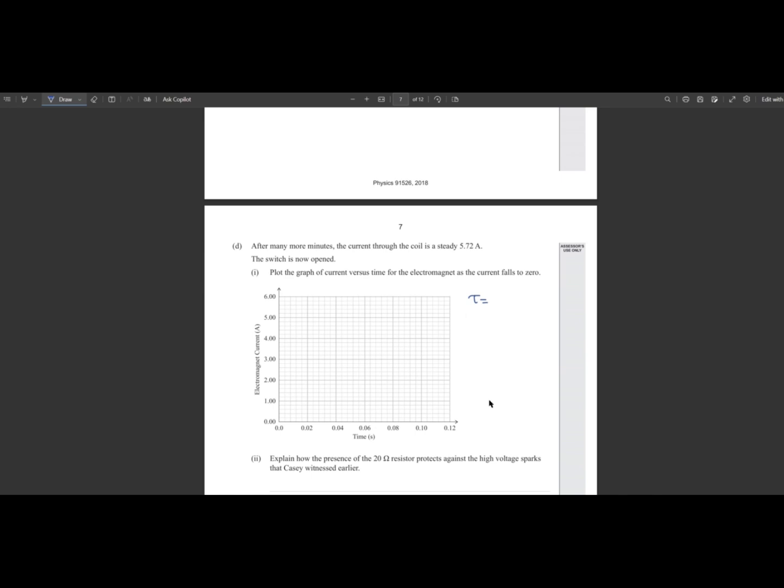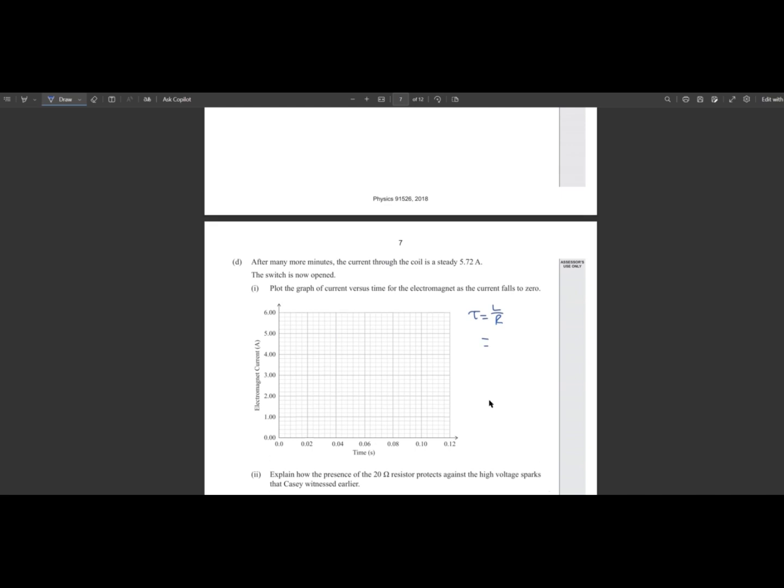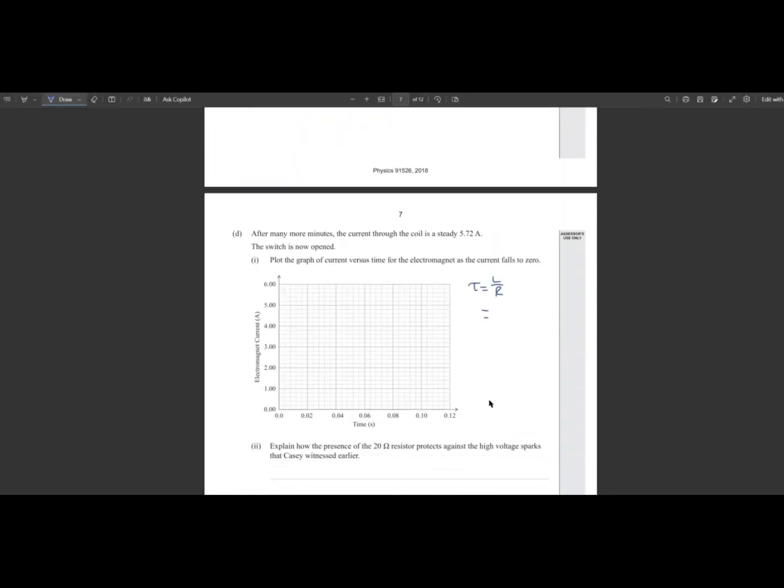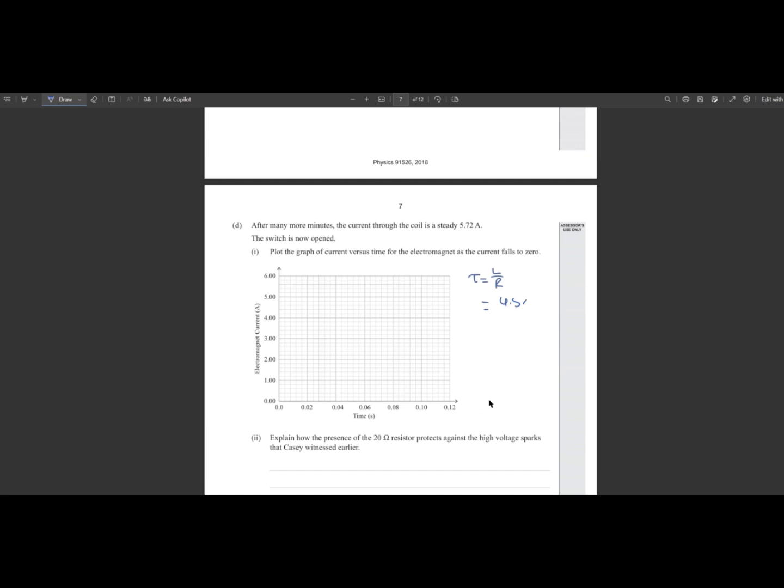So tau is equal to L on R. And our total inductance is 4.5 times 10 to the minus 1 Henry.